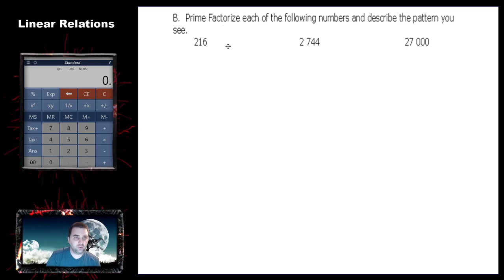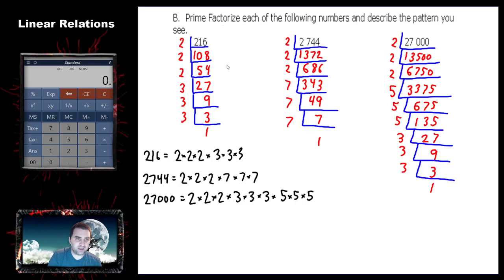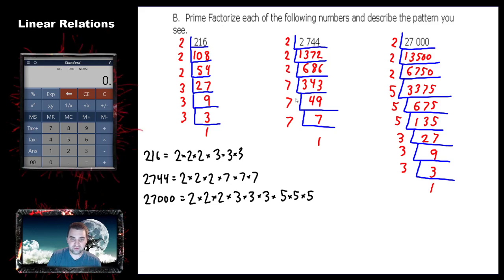Okay, so I assume that you have finished that off, and you can check against my answers here. So the 216 broke down into 2 2 2, 3 3 3. The 2,744 broke down to 2 2 2, 7 7 7. And the 27,000 broke down to 2 2 2, 5 5 5, 3 3 3.